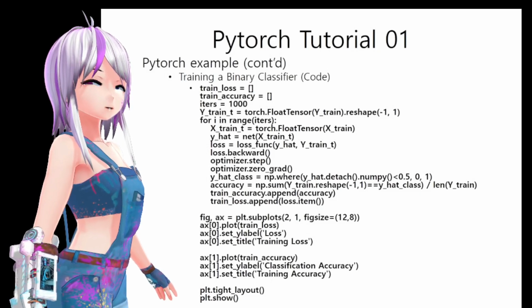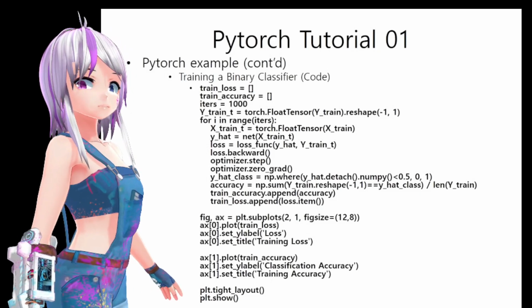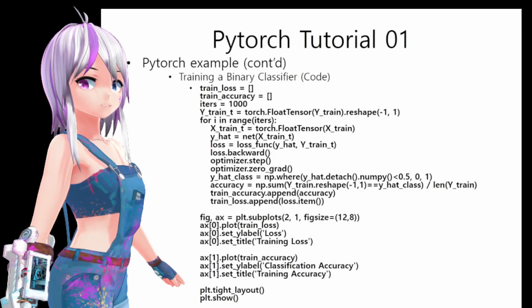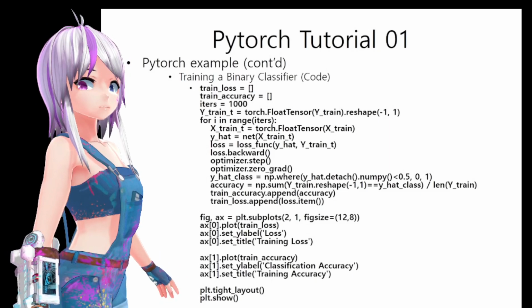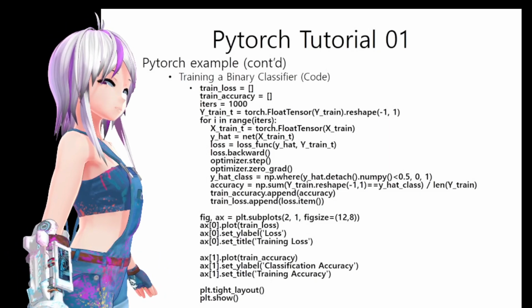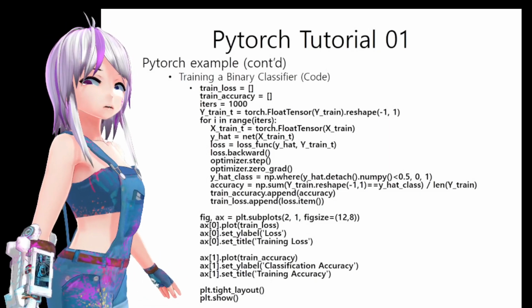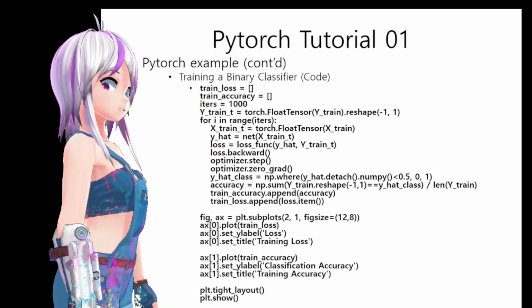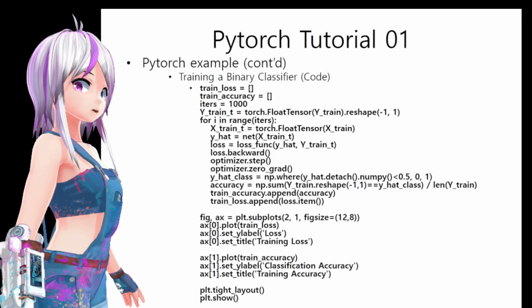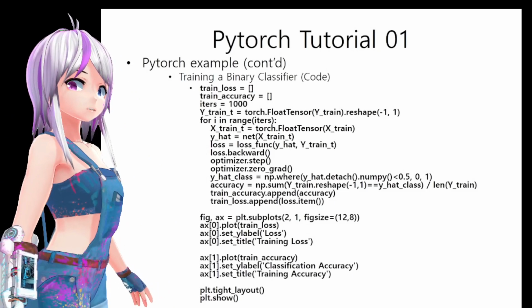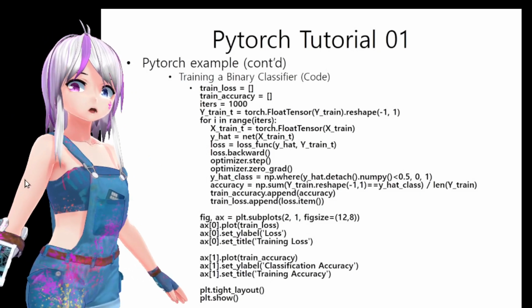You find the accuracy by computing with the built-in function np.sum. So if y_train.reshape is the same as y_hat_class, then we say they are accurate, which is divided by the total number, so that the accuracy is between 0 and 1.